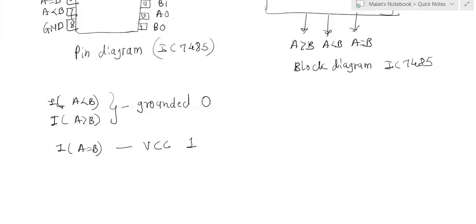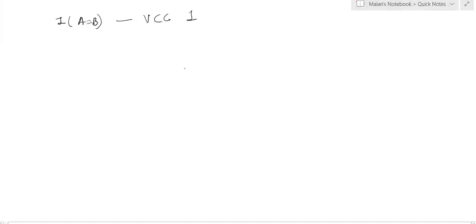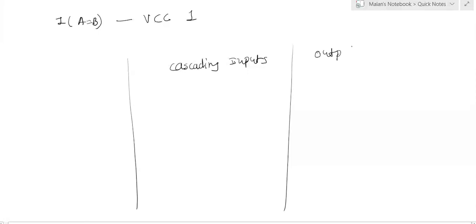Now based on this, we'll find out the function table of the IC 7485. Now we'll take the functional truth table. Now the cascading inputs, the outputs and the comparison inputs. The comparison 4-bit inputs, variable A and variable B, we are giving as inputs A0 to A3 and B0 to B3.